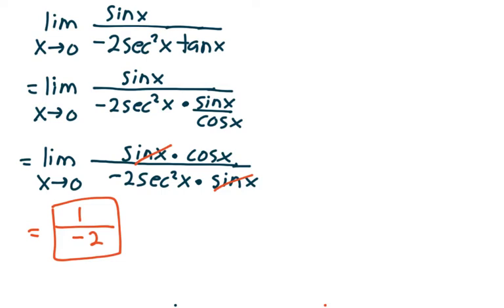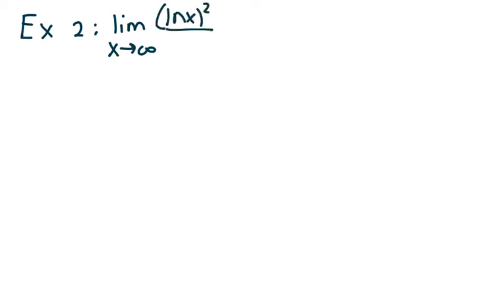So let's go ahead and take a look at example 2. Suppose we had the limit as x goes to infinity of natural log of x squared divided by x.